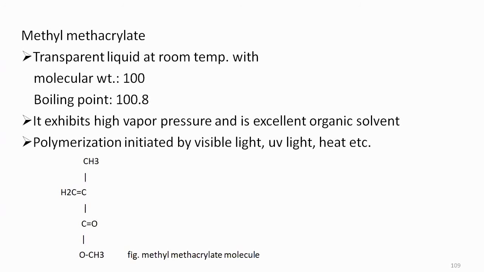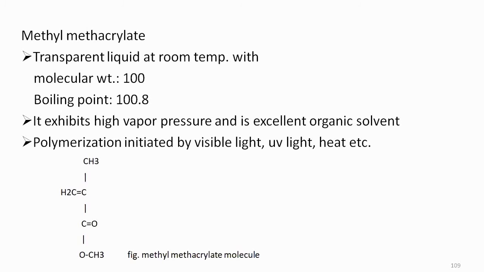Methyl methacrylate is a transparent liquid at room temperature with a molecular weight of 100 and a boiling point of 100.8 degrees centigrade, almost the same as water. The boiling point of methyl methacrylate monomer and the boiling point of water are almost similar, that is 100.8 degrees centigrade.